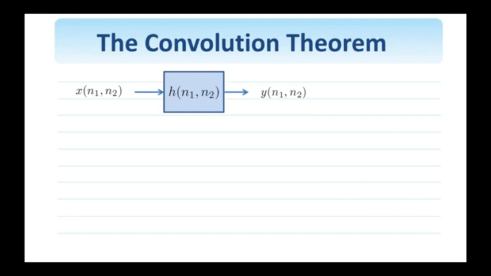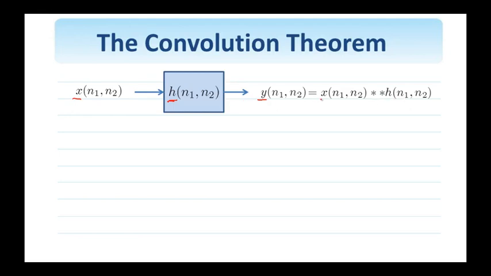One of the important properties of the Fourier transform is the convolution property, or as also referred to, the convolution theorem. It describes the input-output relationships of an LSI system in the frequency domain. So given a system with impulse response h and x the input, y the output, we know that the input-output relationships in the spatial domain are through the 2D convolution.